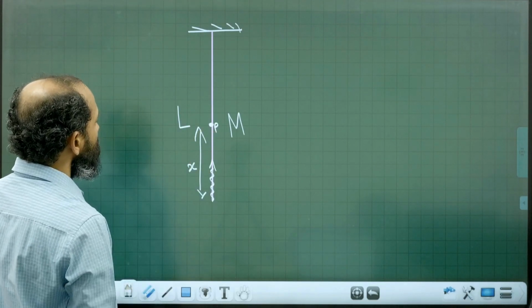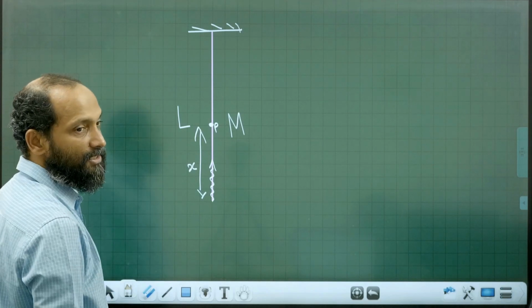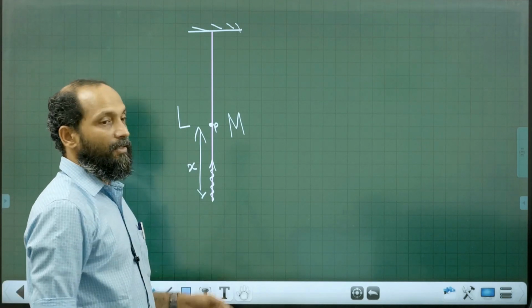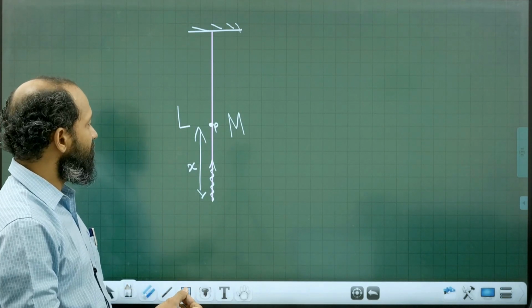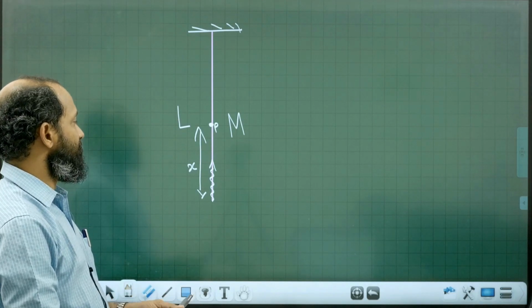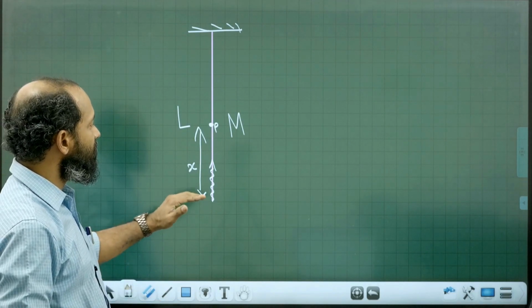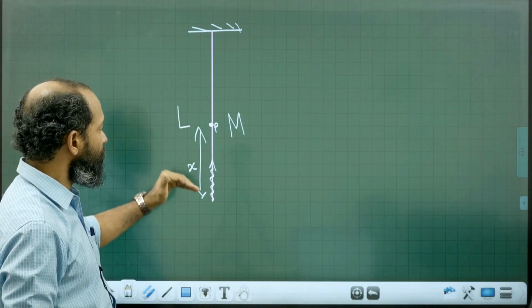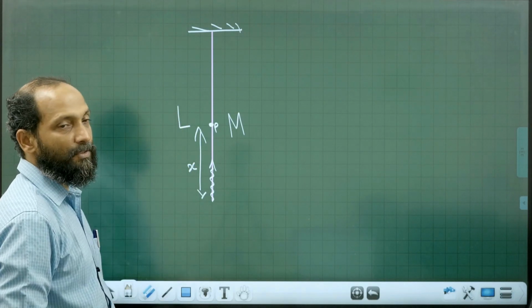A wave originates from the free end and travels in the upward direction. What is its velocity when it reaches point P at distance x from the free end?